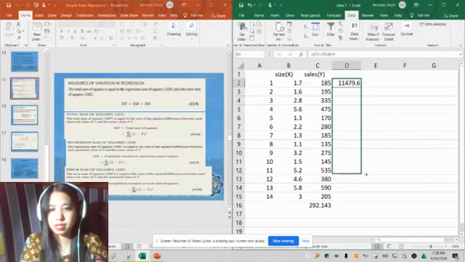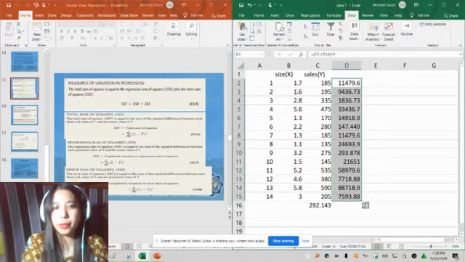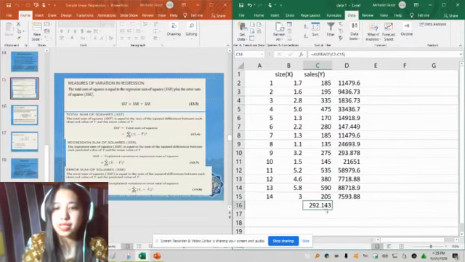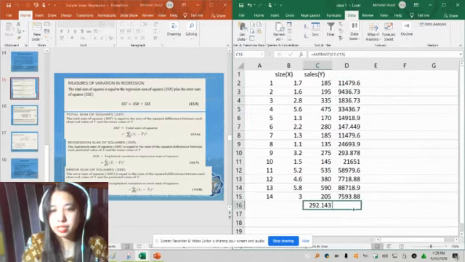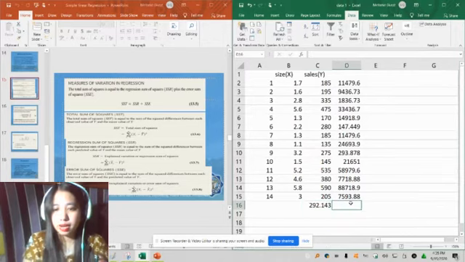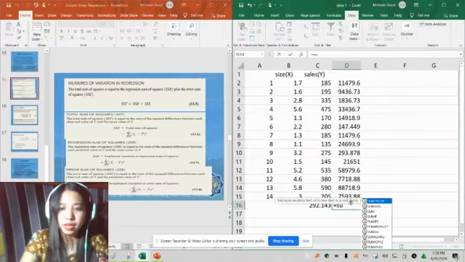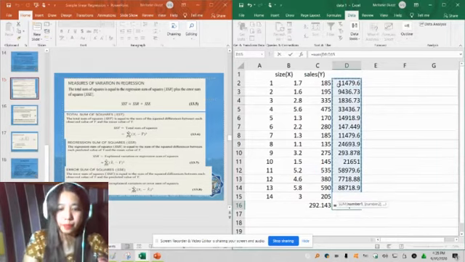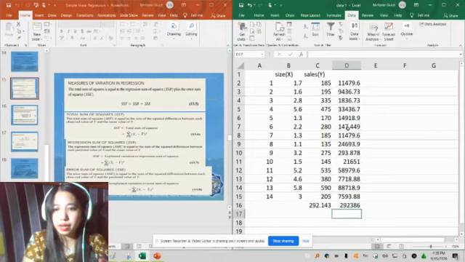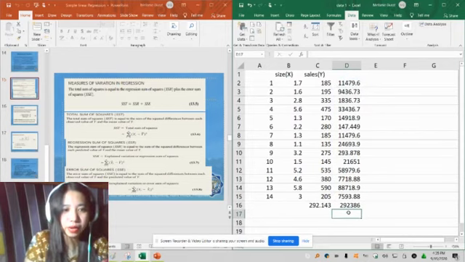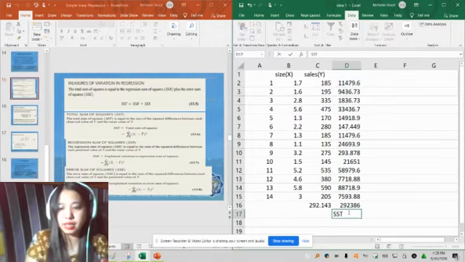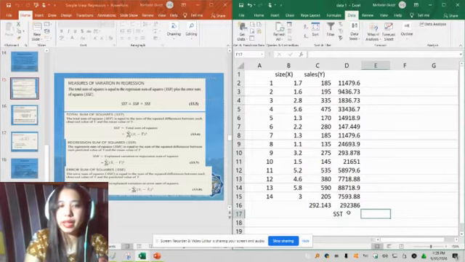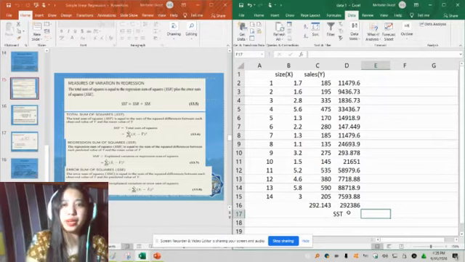I'll just drag this. Okay, so it is the summation of the y squares. I'll compute the sum, equals sum, close parenthesis, and get this value. This value is our SST.